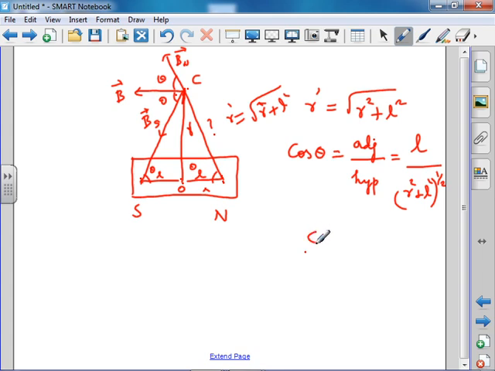This is point C, this is vector Bn. It makes an angle theta here.